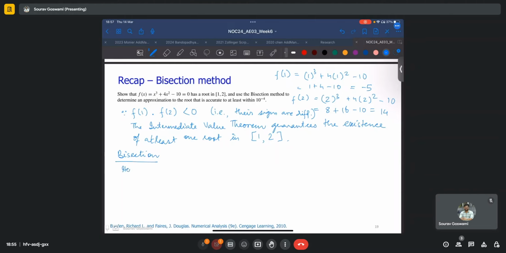So say for the first iteration itself, we have a1 equals a, which is 1, b1 equals b, which is 2. So p1 will simply be a1 plus b1 by 2, which is equal to 1 plus 2 by 2, so 1.5.